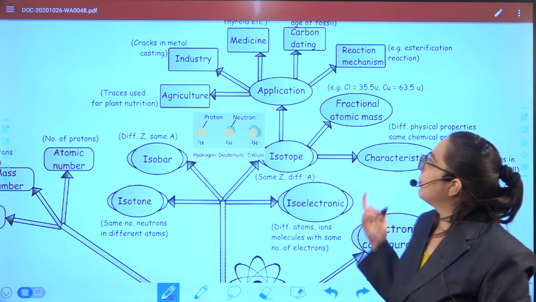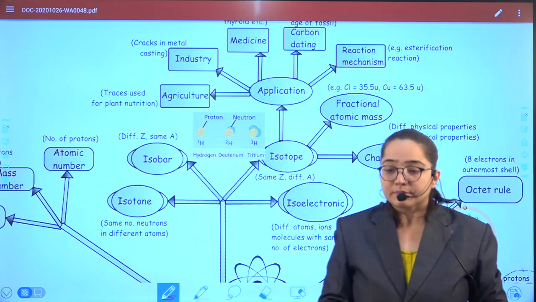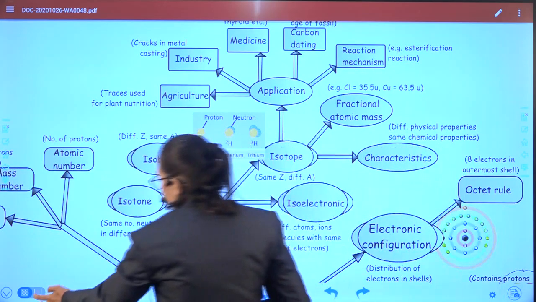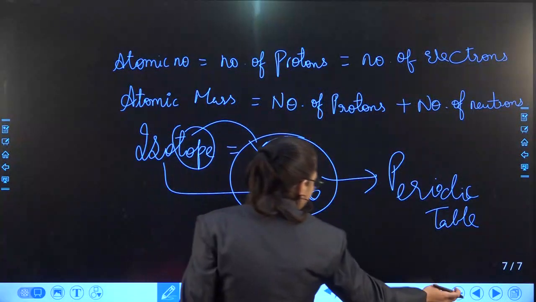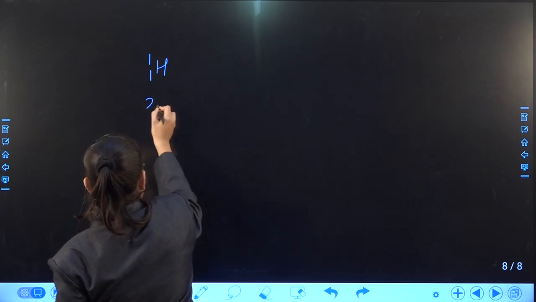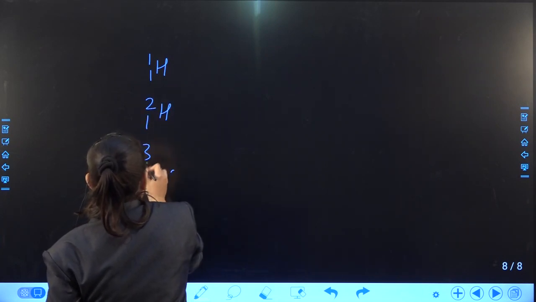The very common example of it is protium, deuterium and tritium, the three isotopes of hydrogen. These are the three: protium 1H, deuterium 2,1H, tritium 3,1H.